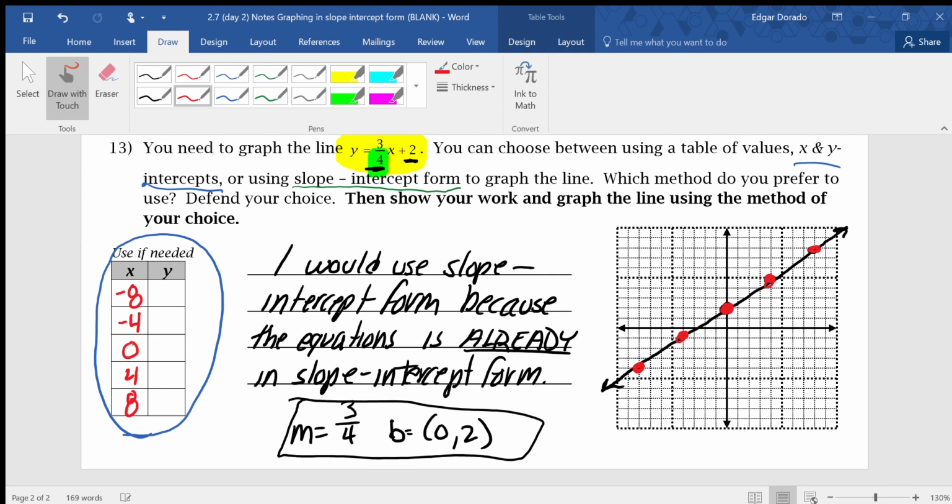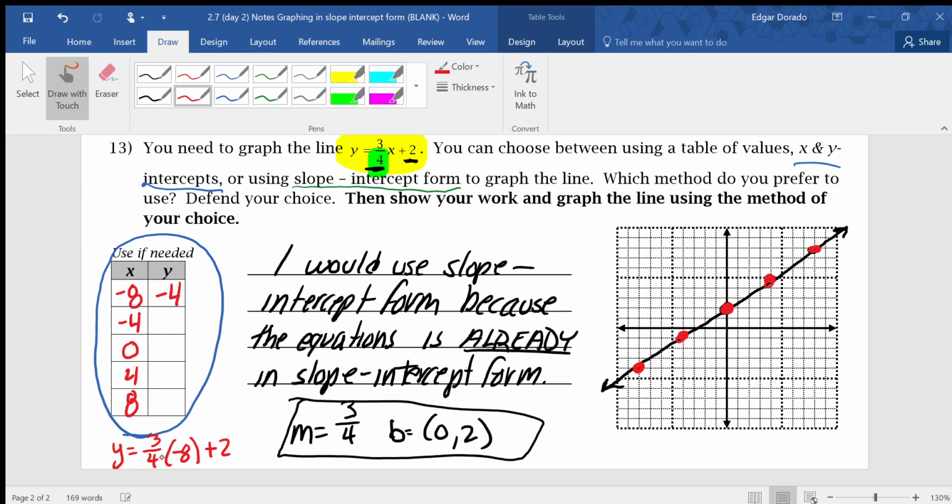So remember to substitute each one of those values into the equation. It should look something like this: y equals 3/4 times -8 plus 2. Solve to check what that is. 3 times -8 is -24, divided by 4 is -6, plus 2 gives you -4.